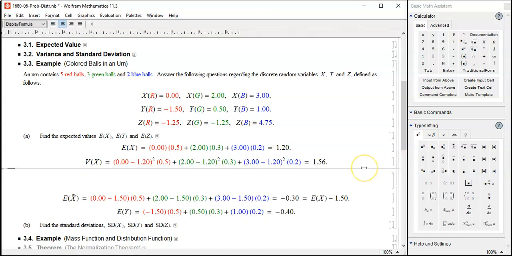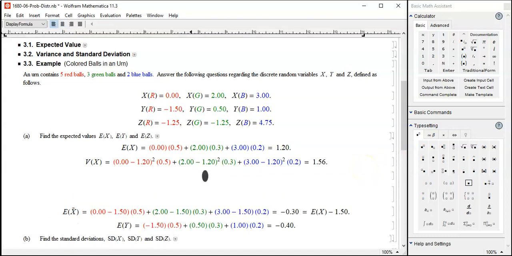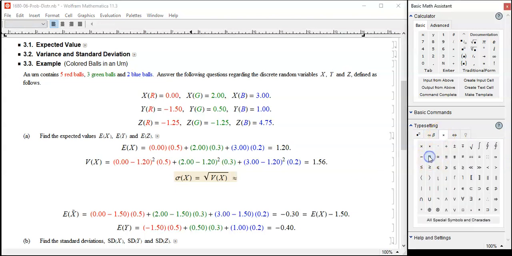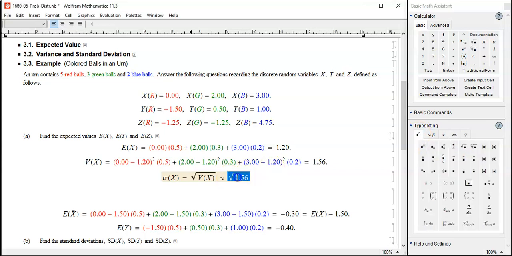Now, standard deviation. That's the square root of the variance. So therefore that is the square root of 1.56.